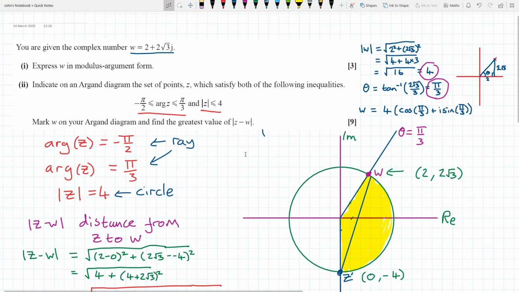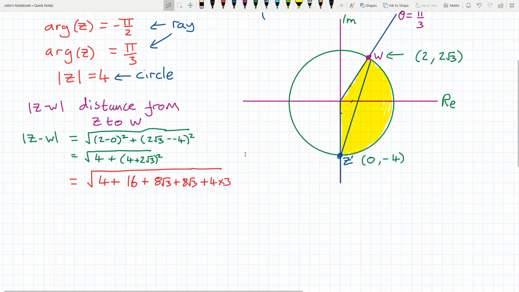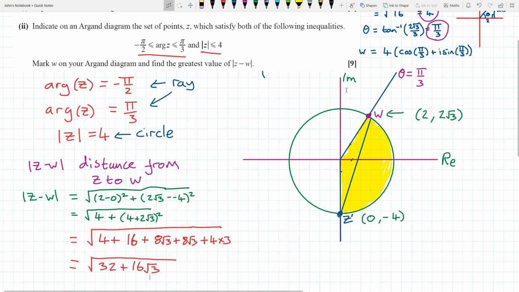I'm going to check it doesn't want it. Find the greatest value of this. So 20 plus 32 plus 16 root 3. And that's my final answer on that.